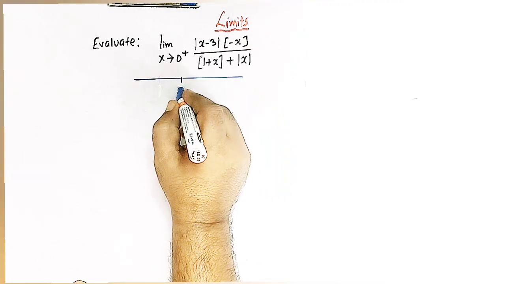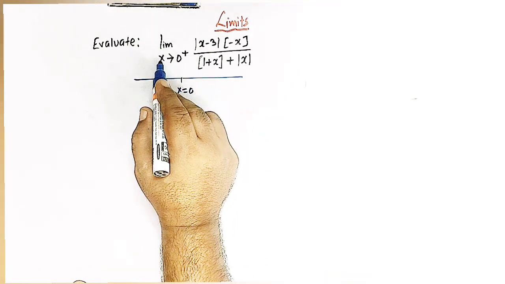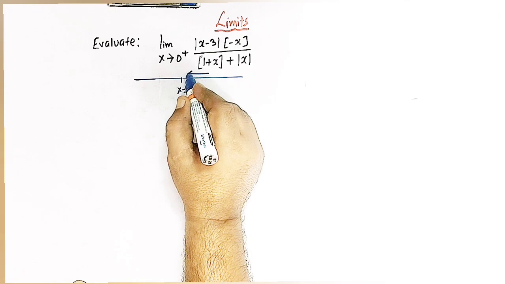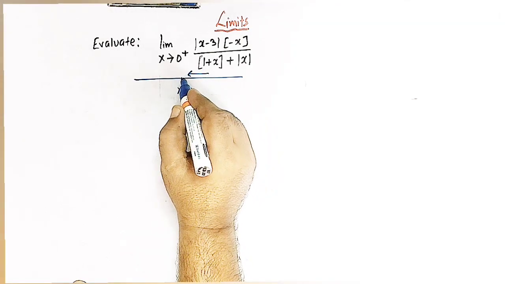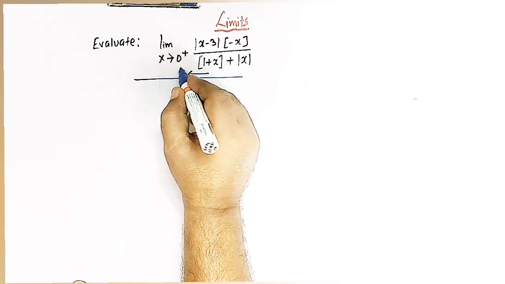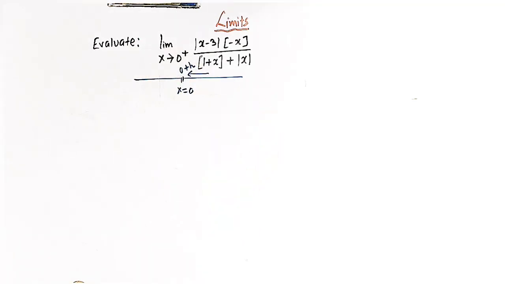So here we have x is equal to 0, and when we approach towards x is equal to 0 from the right of x is equal to 0, then we reach at a point that is 0 plus h, and this is called the right neighborhood of x is equal to 0, right?